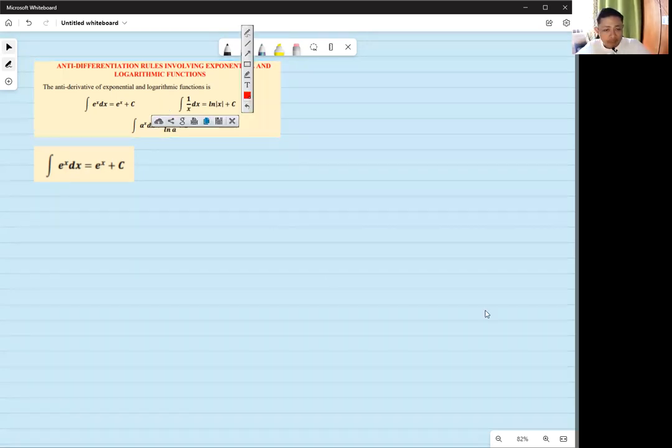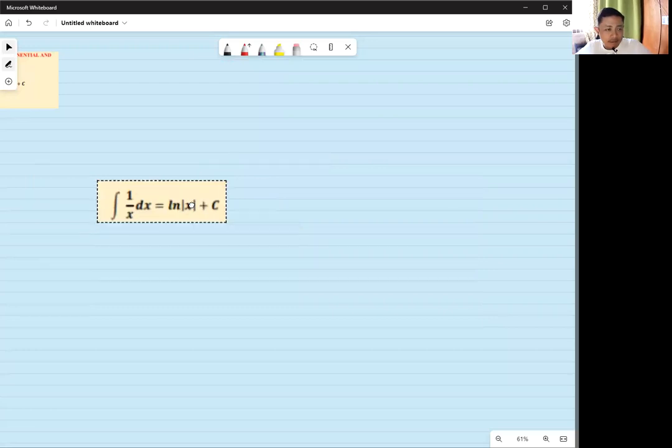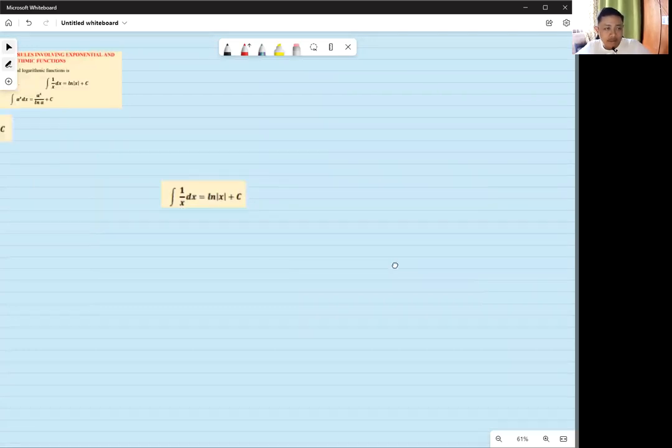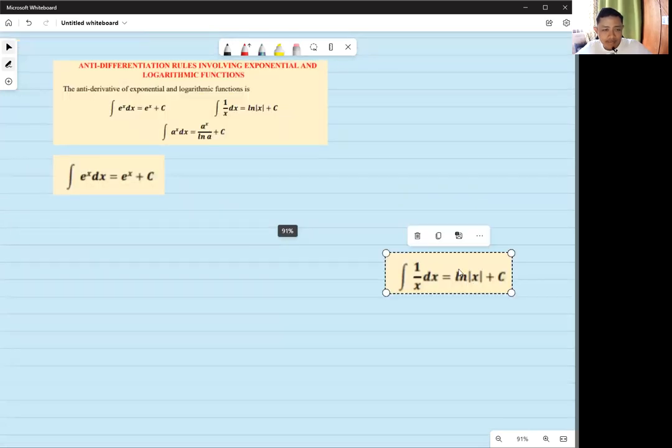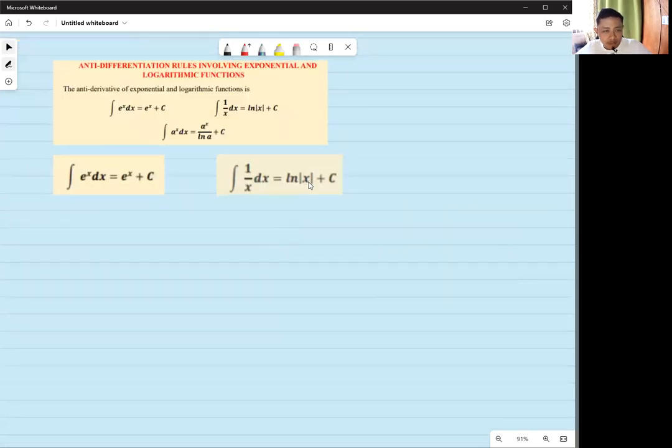Okay? And also, if you happen to see naman this, wherein you are given 1 over x, and you are asked to identify the integration or the anti-differentiation of 1 over x dx, then all you have to do is to express it in ln, that's natural logarithm, ln of x.